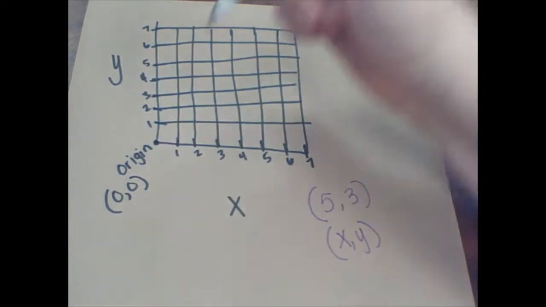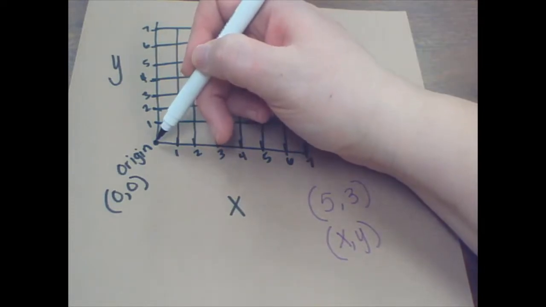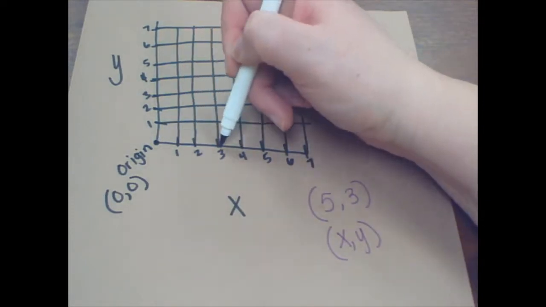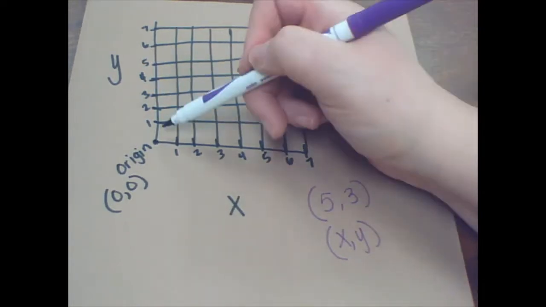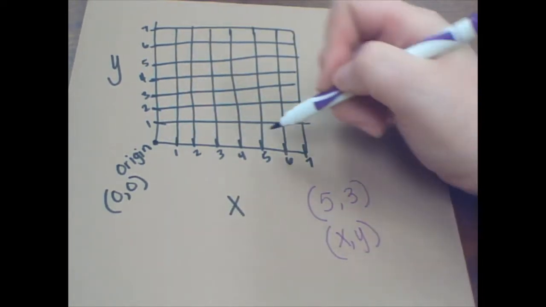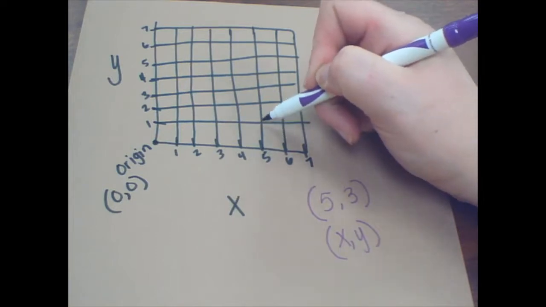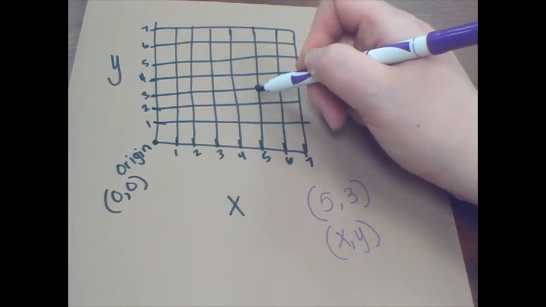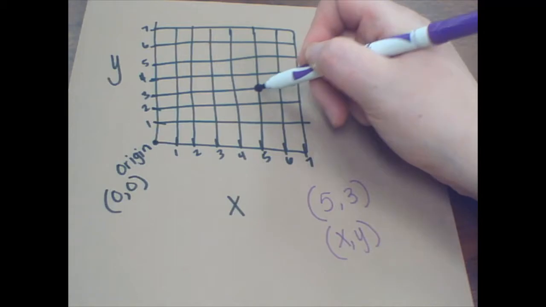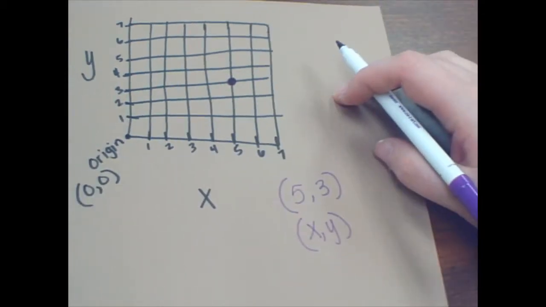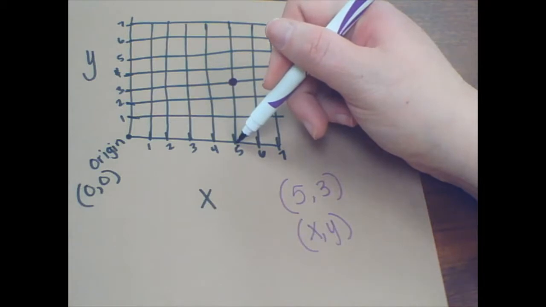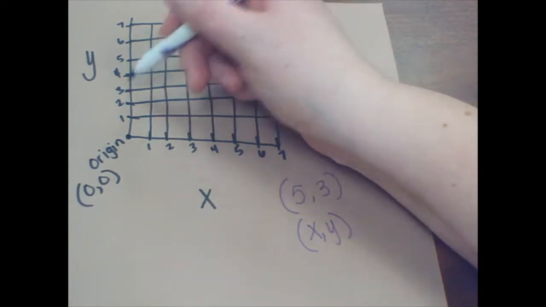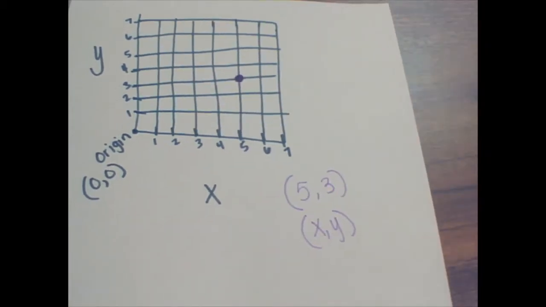If this is my x-axis, I need to count over 5. 1, 2, 3, 4, 5, right? I know I'm there. My y, which is up and down, is 3. So I have to go up 3. 1, 2, 3. That right there shows the ordered pair of 5, 3. The x is equal to 5. The y is equal to 3. Remember, you always find your x first.